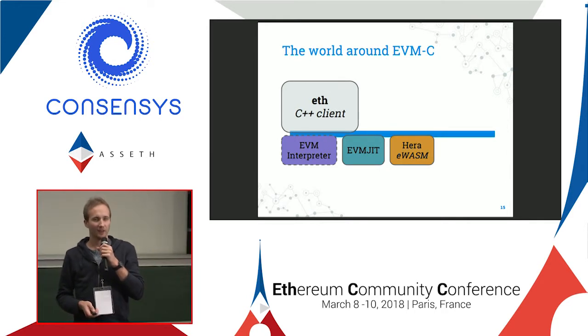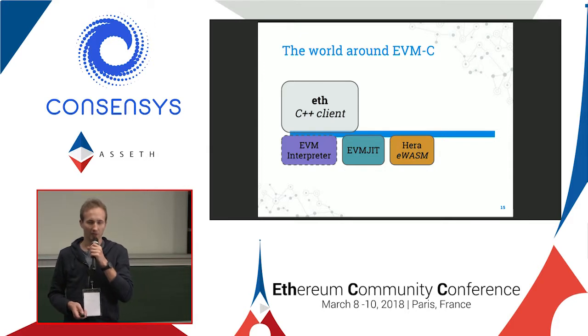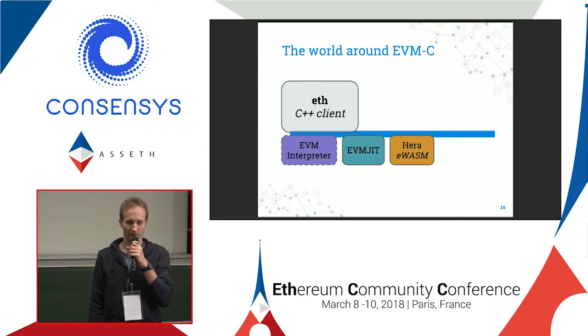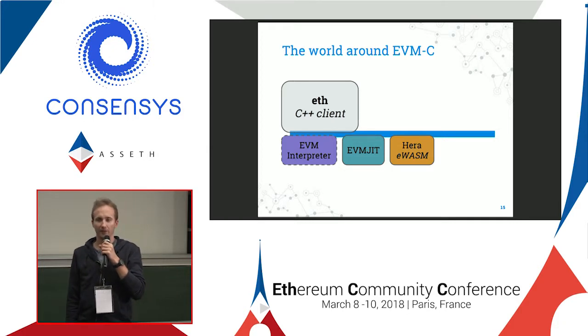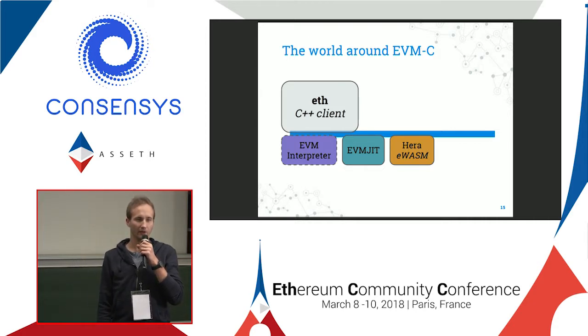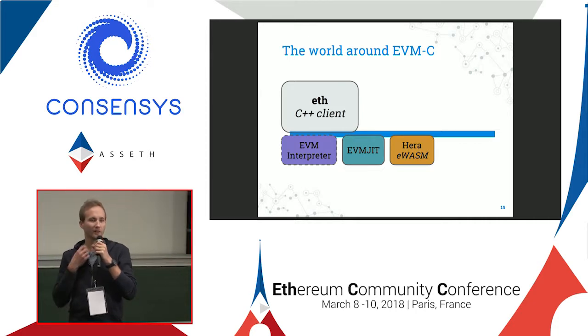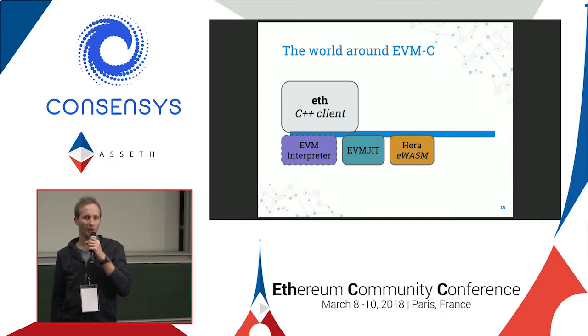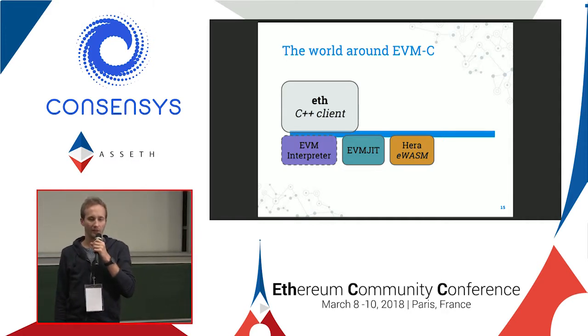And the third VM implementation is actually the EWASM backend called Hera. It turned out we can use the same API, because the API is mostly about accessing Ethereum-like features, accessing state from inside the VM and other data.